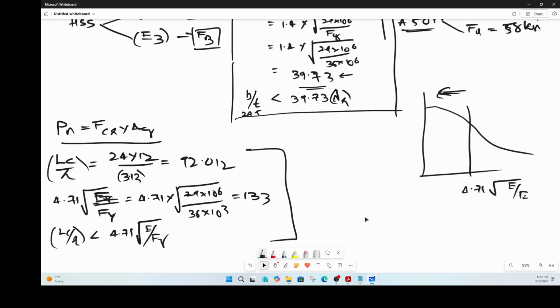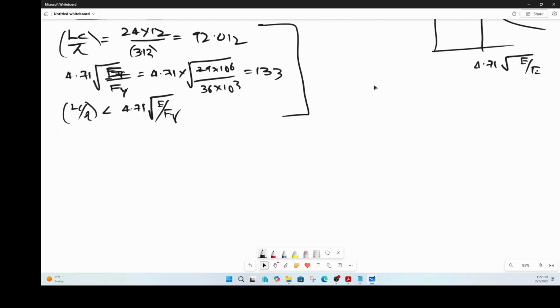Okay. So once we have decided on which side of the curve we fall, we go ahead and compute our FCR value. The FCR value from that equation is 0.658 power Fy by Fe times your Fy value. Now, how do you compute Fe?